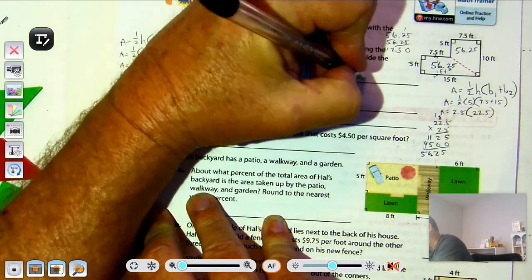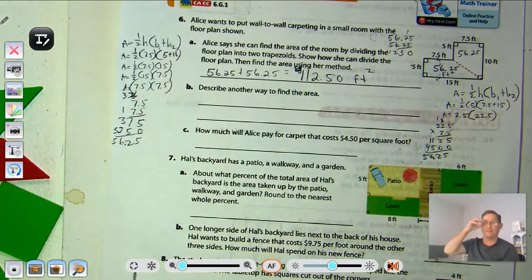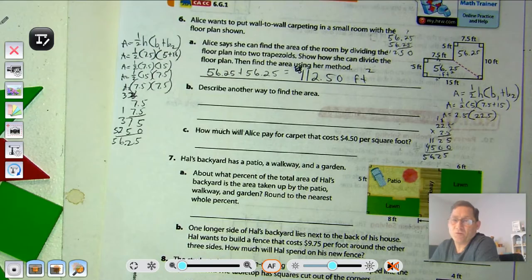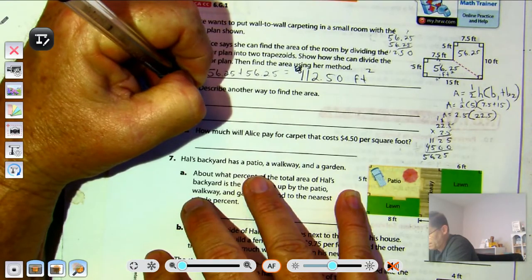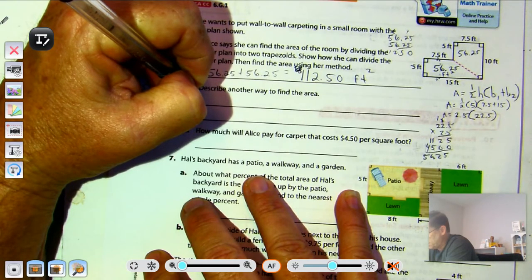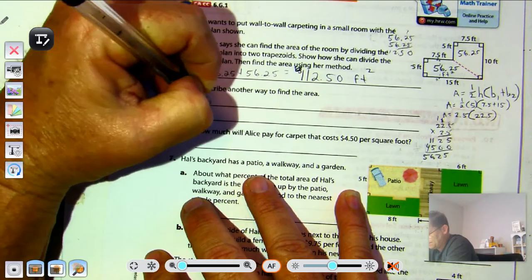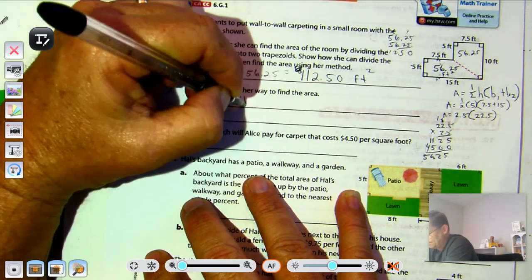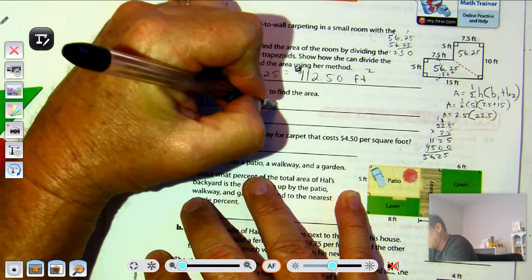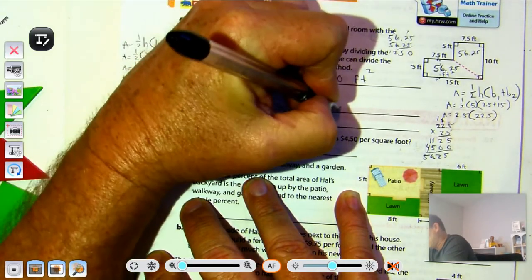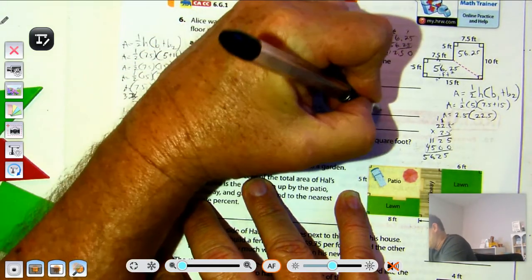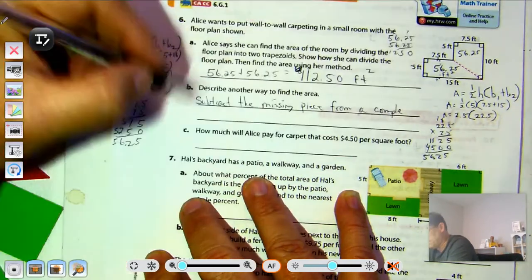(112.5 square feet). Describe another way to find the area. Well, we could subtract the missing piece from a complete rectangle.